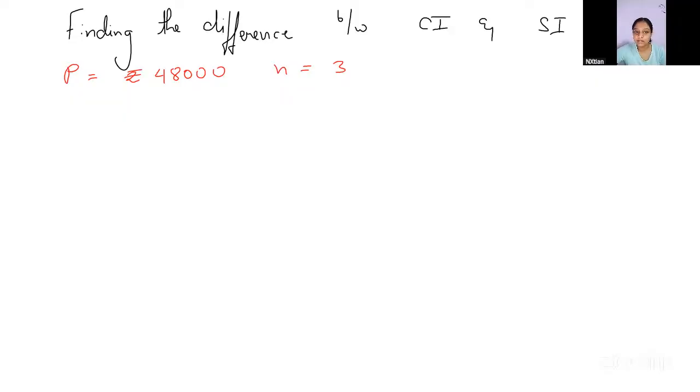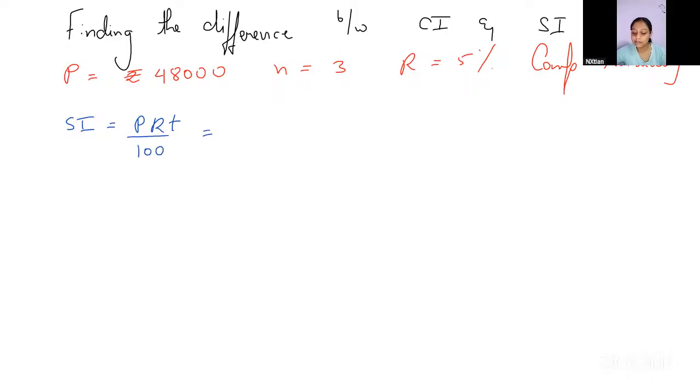Rate is 5%, compounded annually. Now, finding out simple interest, just put the formula PRT upon 100.